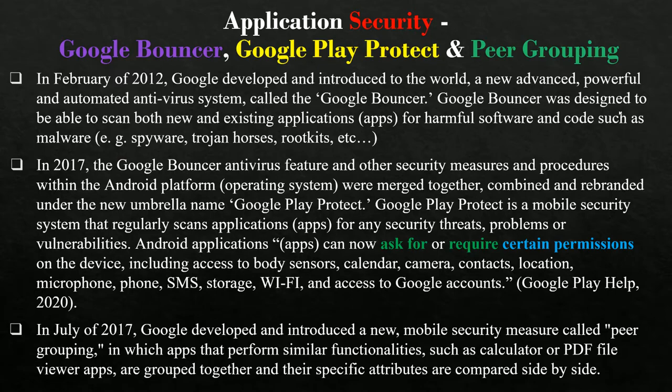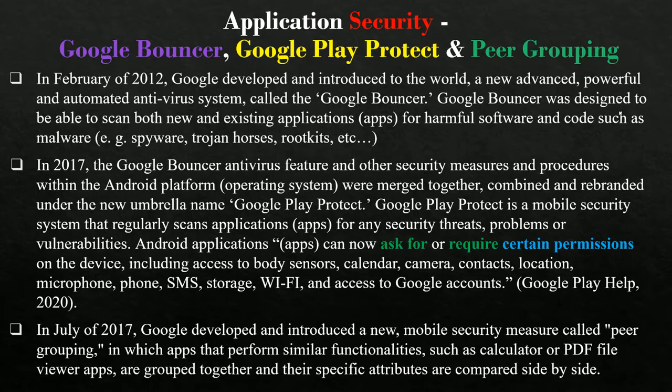Of course, Android has implemented its own set of security suites to help counter some of these apps. One of the most noticeable is Google Play Protect, which bundles all the other services, such as Google Bouncer and peer grouping, into one. Essentially, it's like an antivirus for your Play Store. It scans your app as you download it.